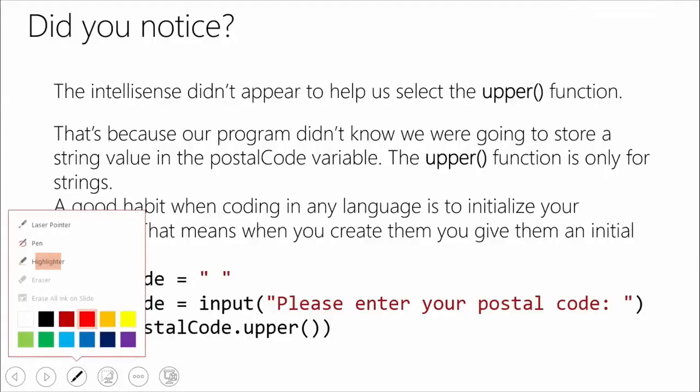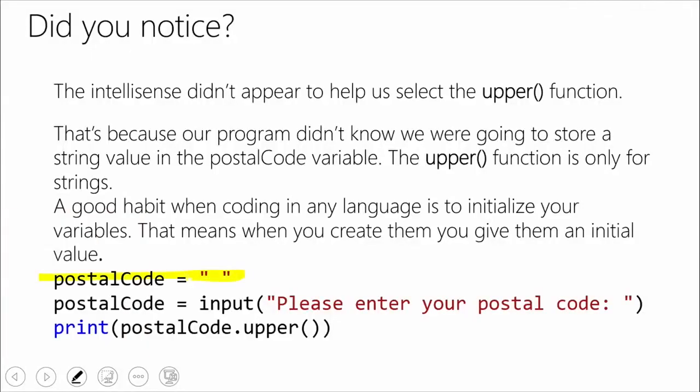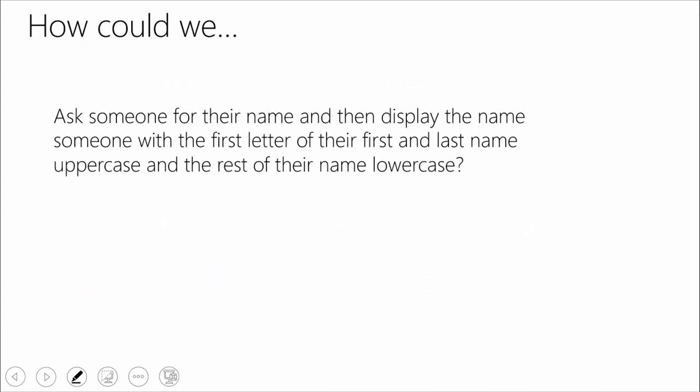So you'll notice right here that we just went in and said postal code equals an empty string. Or put a space in it. Either way would have worked. Just put something in there that's a string, and from there on forward, it will know that it's a string. So you told it right up front, hey, this is going to be a string, and then it was able to treat it as such.